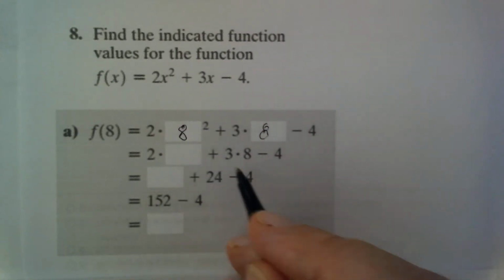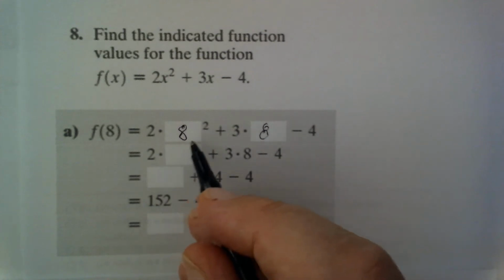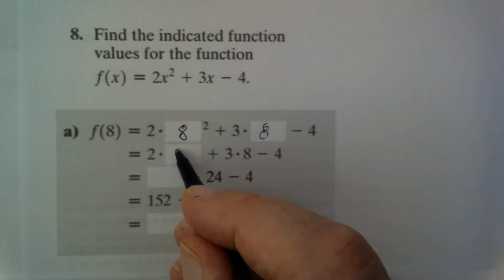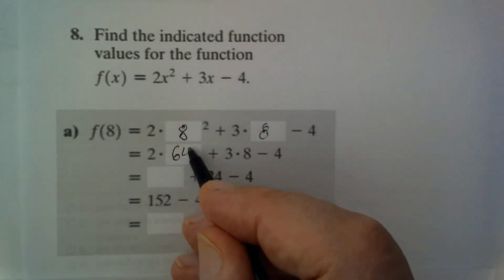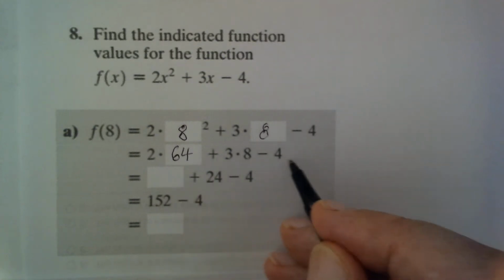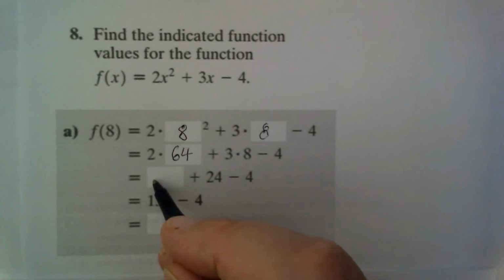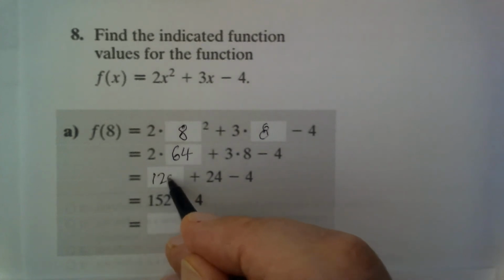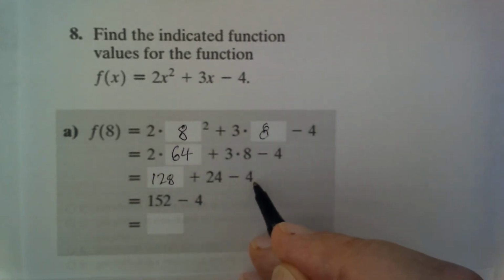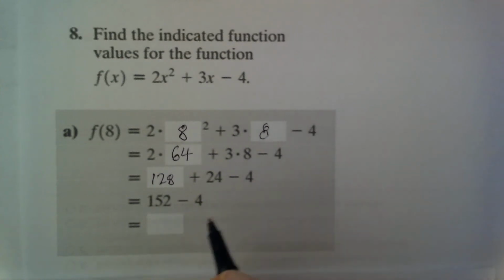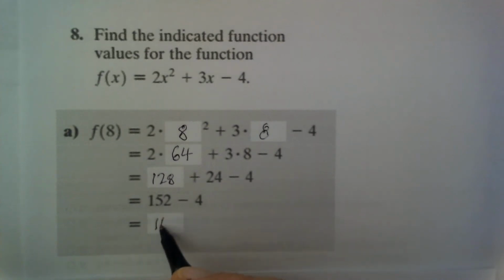Okay, and so 8 squared is equal to 64. So 2 times 64 plus 3 times 8 minus 4. So it'd be 128 plus 24 minus 4, which would be 152 minus 4, or 148.